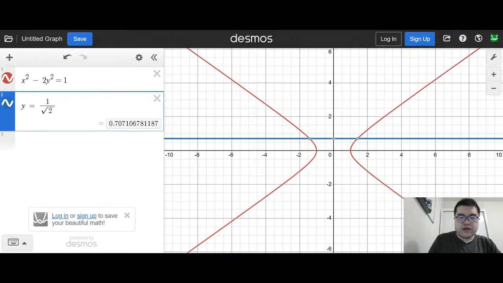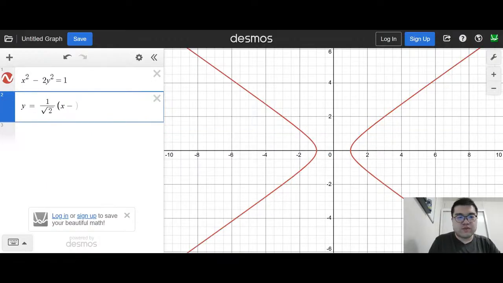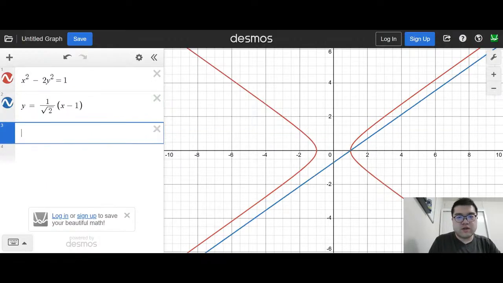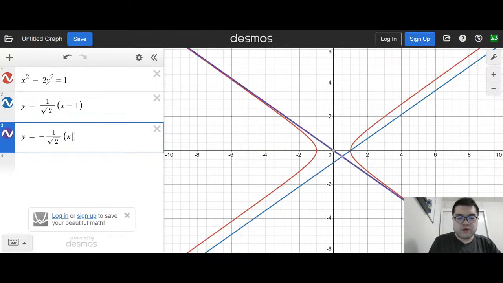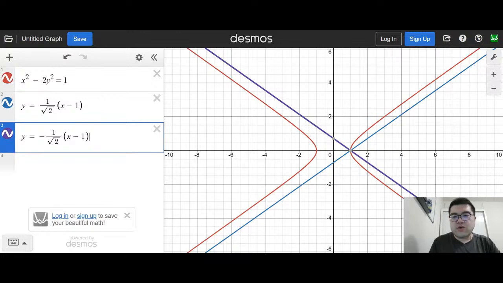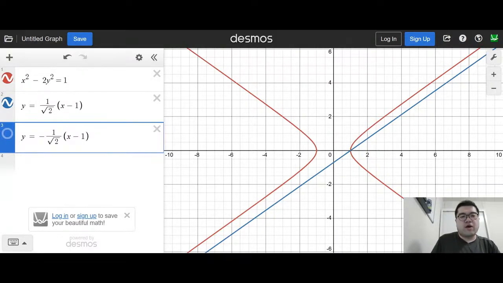Okay, and then of course x minus 1. And then the other one is going to be the negative version of it, negative 1 over square root of 2 times x minus 1. So let's see what is going to happen in these two graphs. Okay, let's go one by one. Let's say we have the positive slope.